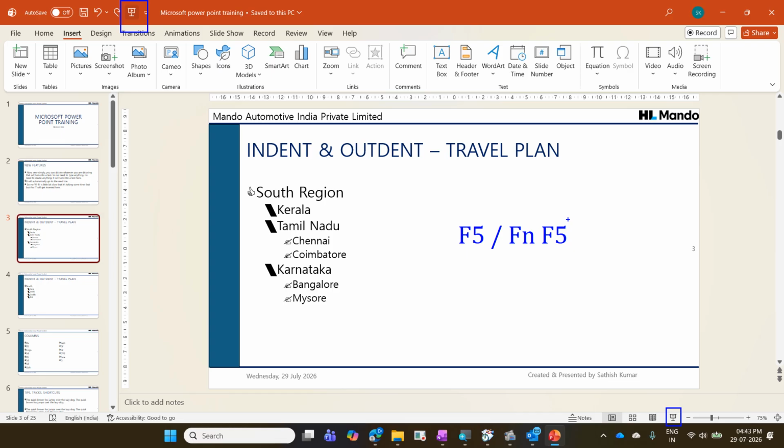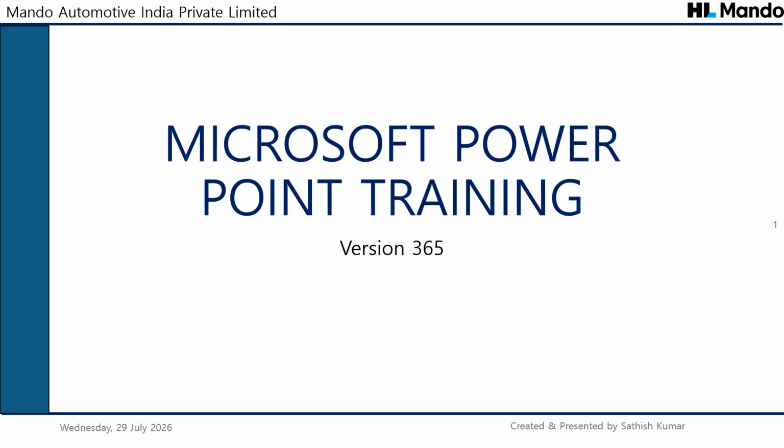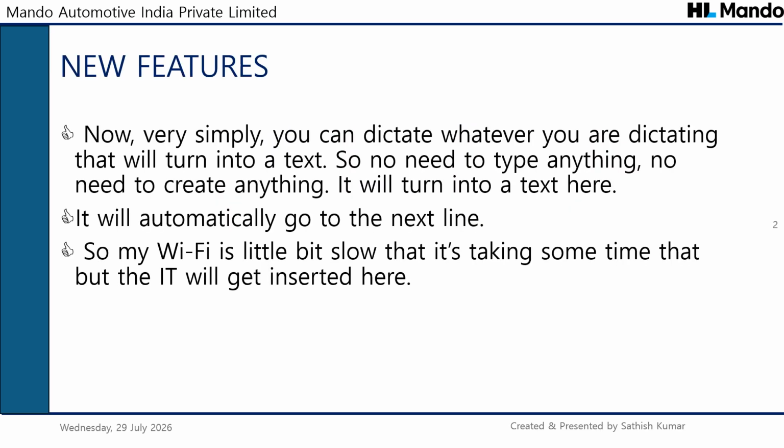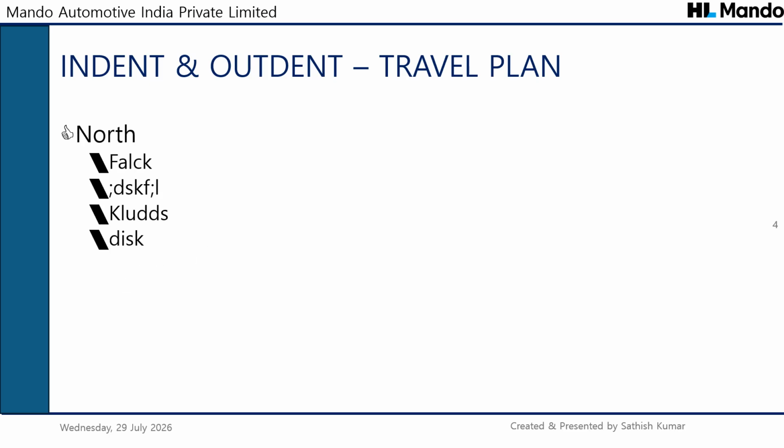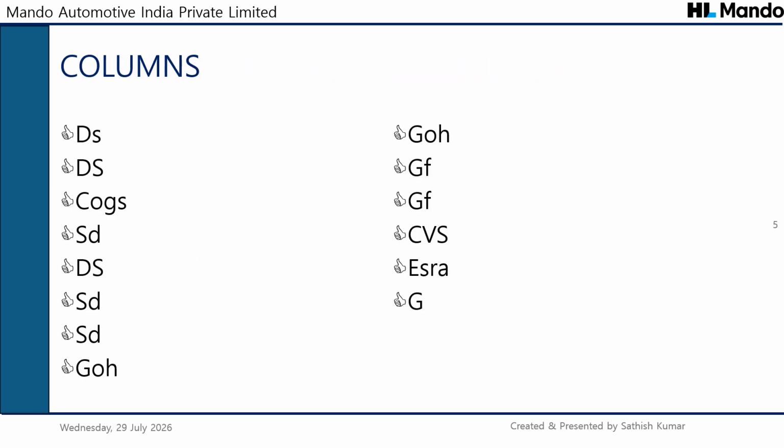How can I go to the next slide? Down arrow, right arrow, enter, space bar, page down, mouse click, N for next.